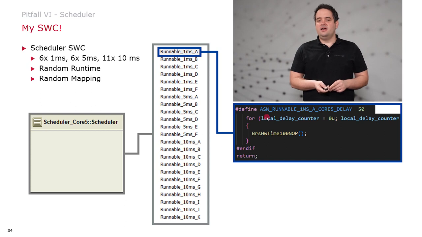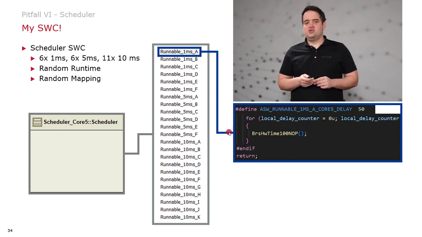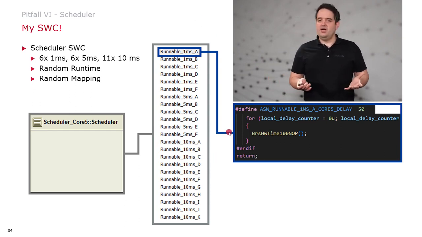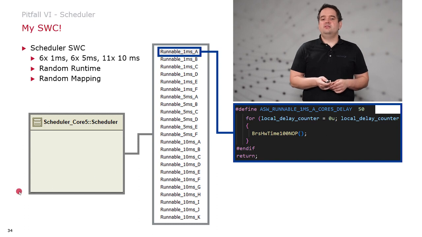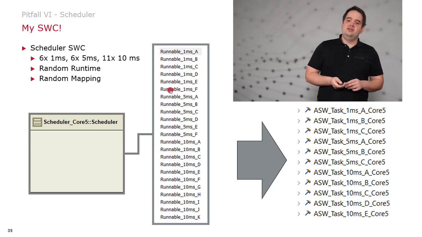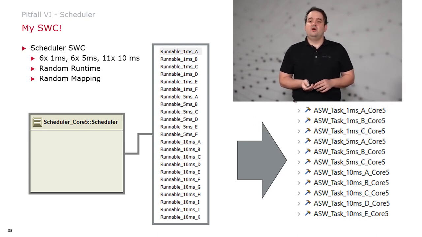The runtime I'm simulating by simply calling some knobs, and the amount of knobs differs in each runnable. So we have a random mapping to tasks and a random runtime. And in total, it's this amount of runnables you can see here. I integrated them on Core 5 and distributed them on these application tasks.